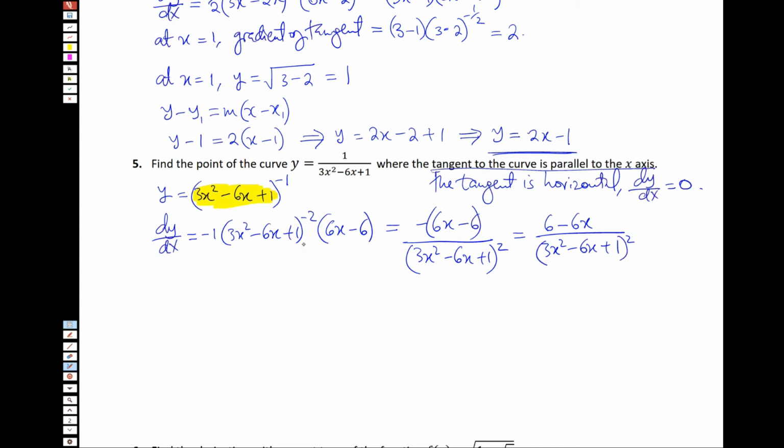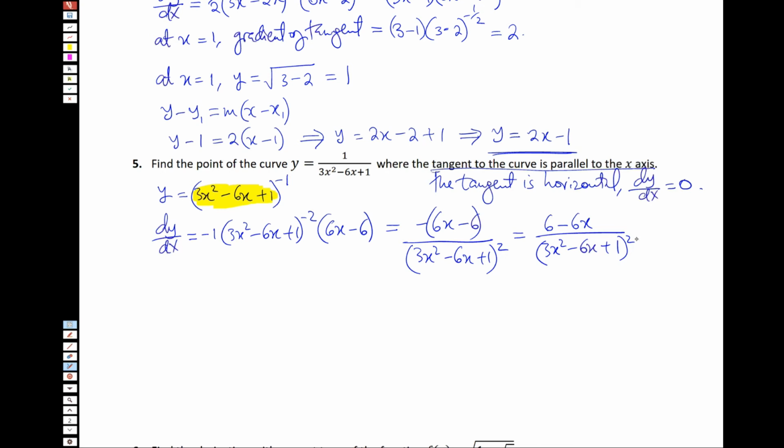So basically what I've done here is, well, multiply 6x minus 6 by negative 1, you end up with that. And then this has negative powers, you can bring it down below to end up with a positive power, as what I have here.